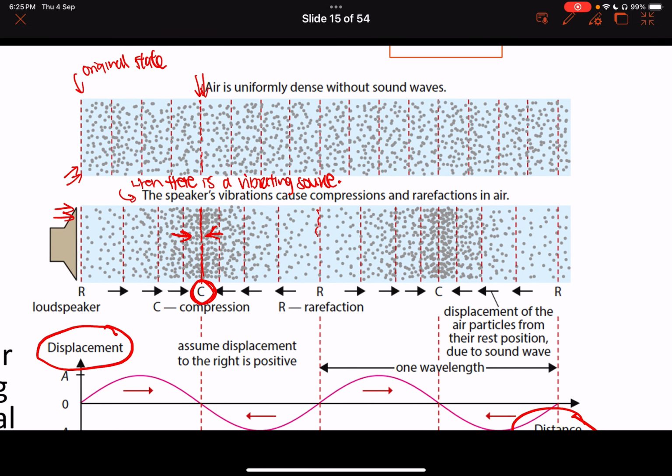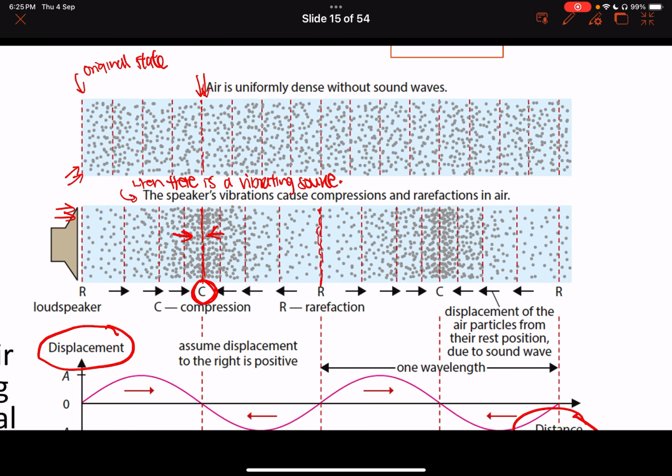Okay, and then this part again, whereby no change compared to the previous original state, but the molecules from both sides of it have moved away from it. And then this one again.